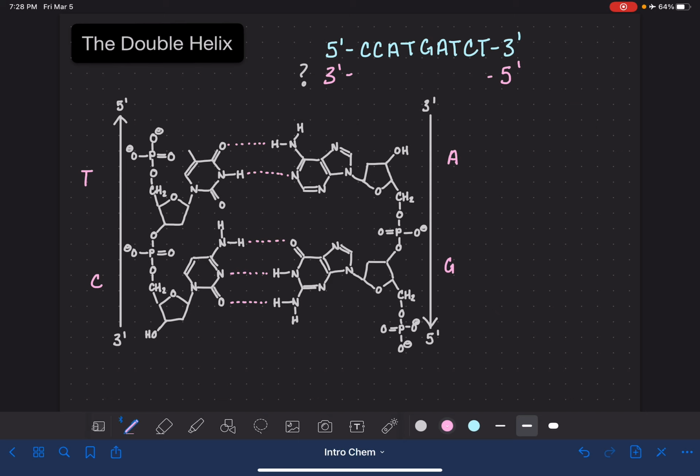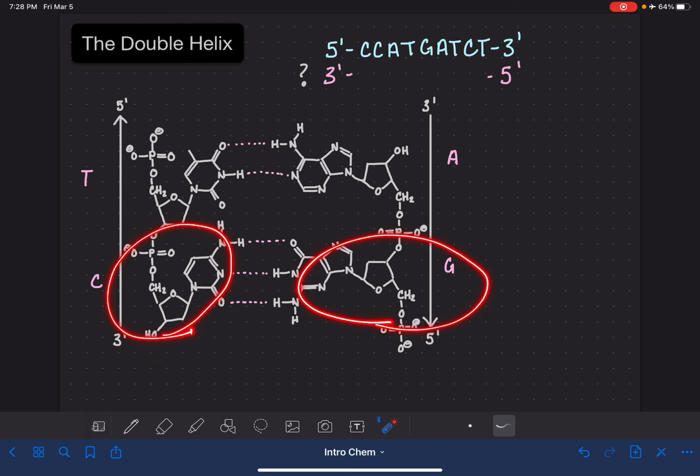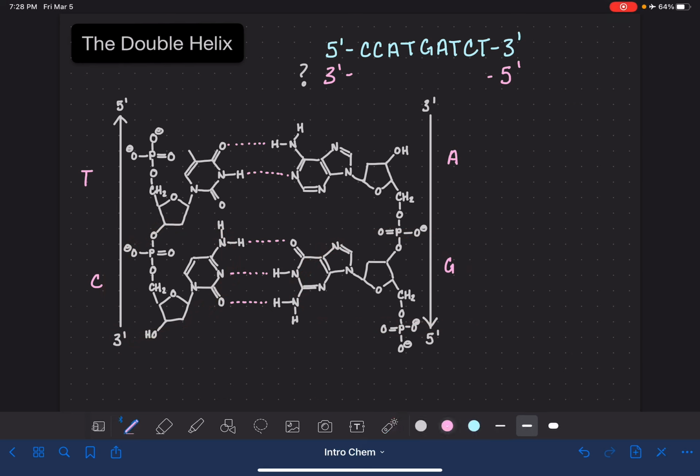So you'll be writing it from 3' to 5', and you'll be keeping in mind that the cytosine nucleotide can only bond to the guanine nucleotide. So if the 5' strand has a cytosine in this first position, then that means the 3' strand needs to have a guanine, one guanine for each cytosine.